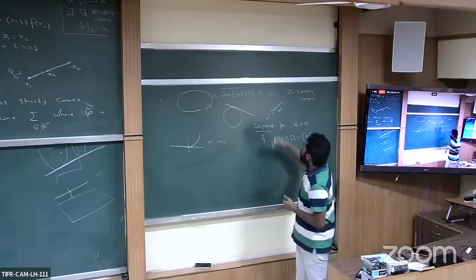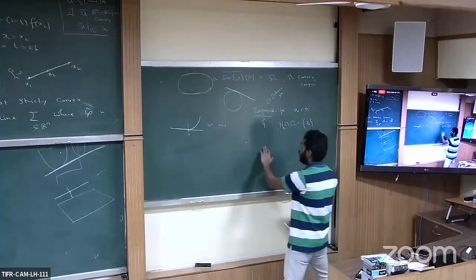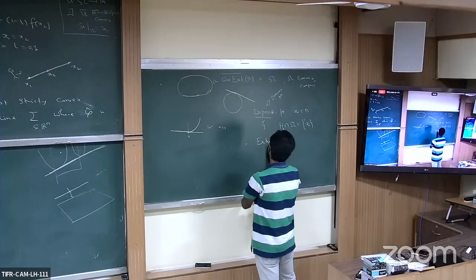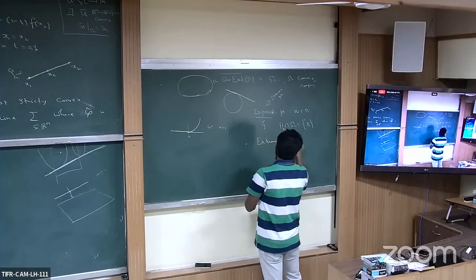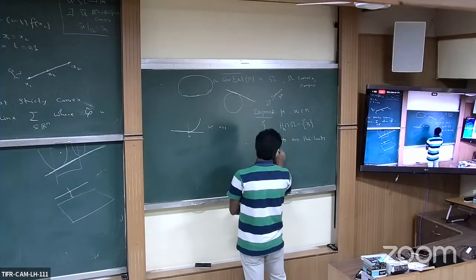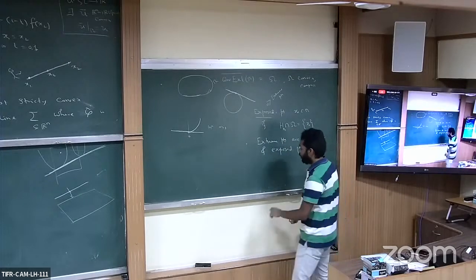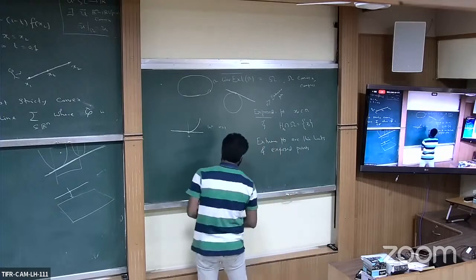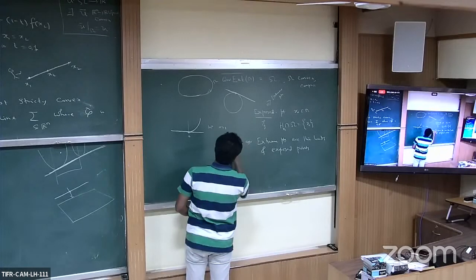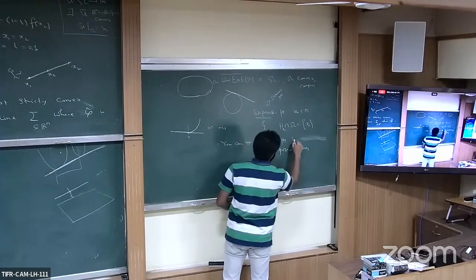Okay, so regarding this, you have another theorem in convex geometry which says that the extreme points are limits of exposed points. Or in other words, you can approximate extreme points by exposed points.